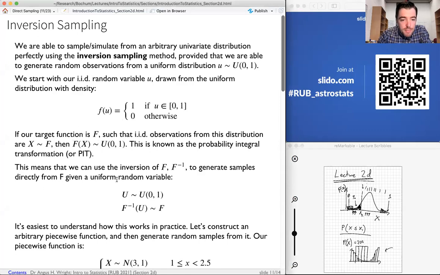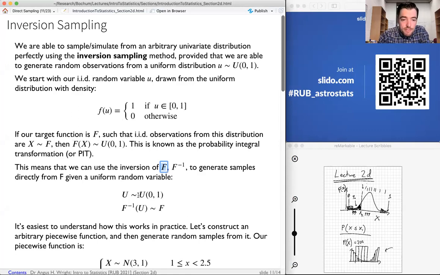For those of you who are mathematically inclined, the way in which you can think about this is that you're essentially taking a function f and you're calculating the inverse of the cumulative distribution function.